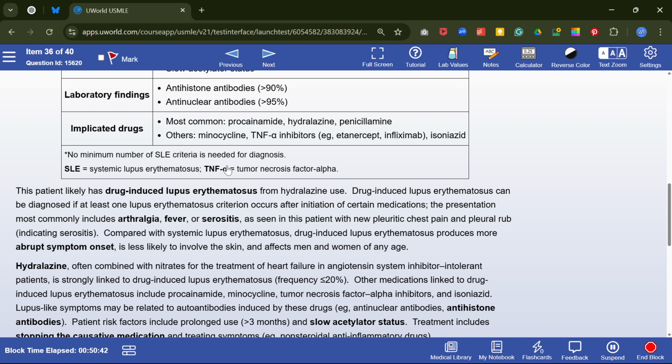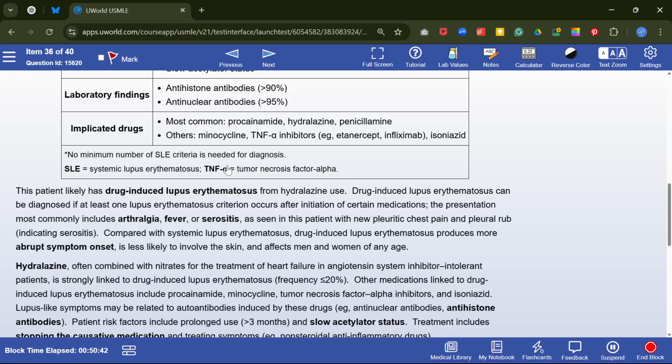Compared with SLE, drug-induced lupus produces more abrupt symptom onset, is less likely to involve the skin, and affects men and women of any age.